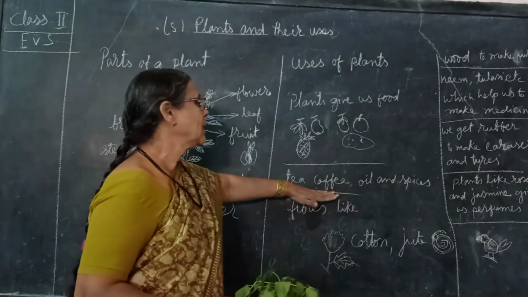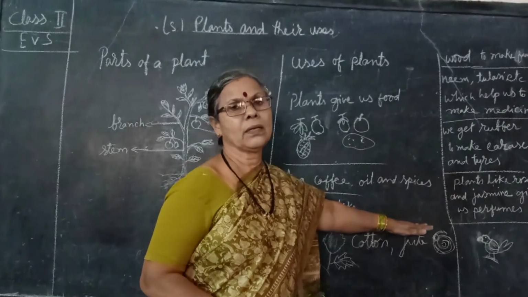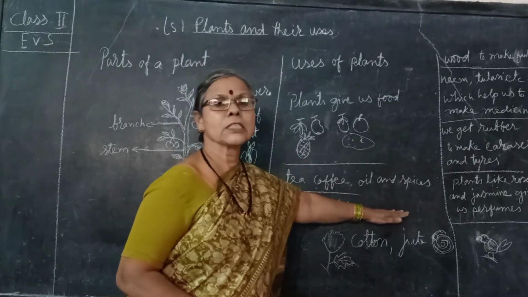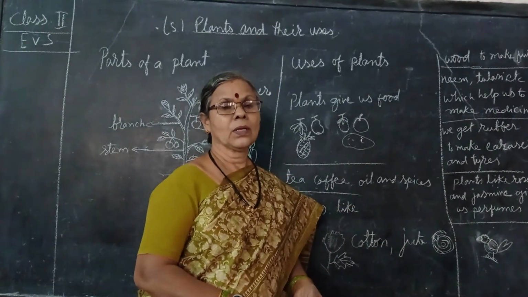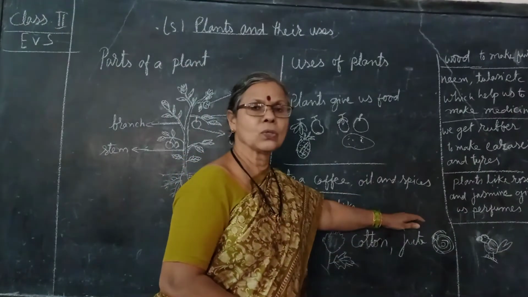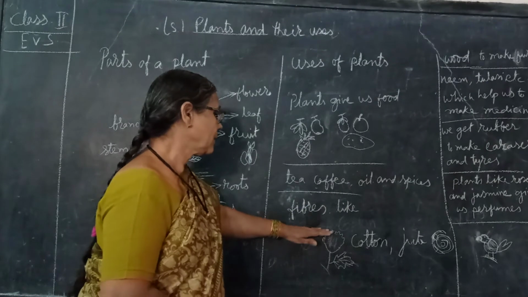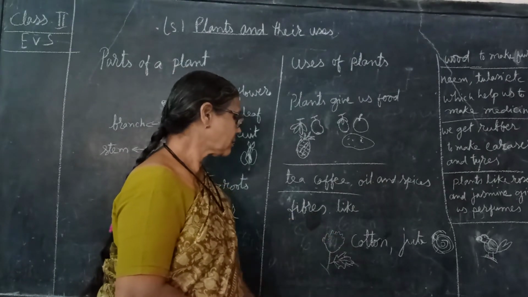And then tea and coffee, oil also we get, and spices also. Spices means cloves and so on. Those are the spices. Fibers. Fibers like what?